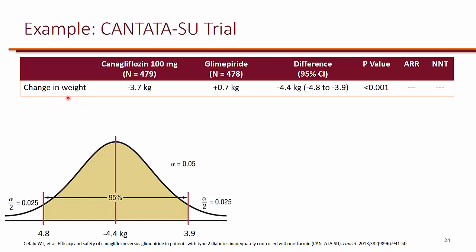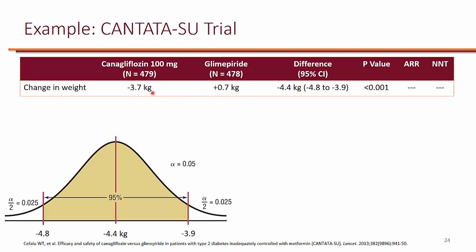They actually found that in the intervention group, patients on average, by the end of the study, lost 3.7 kilos. Whereas in the control group, they actually gained 0.7 kilograms. So obviously these two numbers are different.